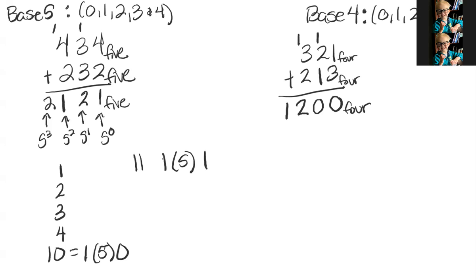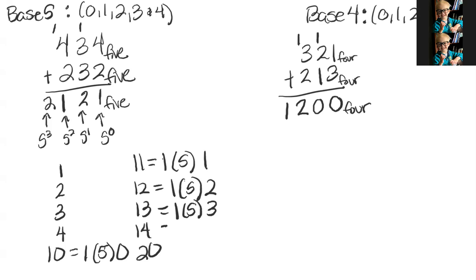We call that 11, 12, 13, 14, not 15, but 20. So this is one group of 5 and 2 left over, one group of 5 and 3 left over, one group of 5, and sorry, these probably could be pluses, and 4 left over. So now it would be one whole group of 5, and then another 5. Oh, well, now that's 2 groups of 5 and none left over.